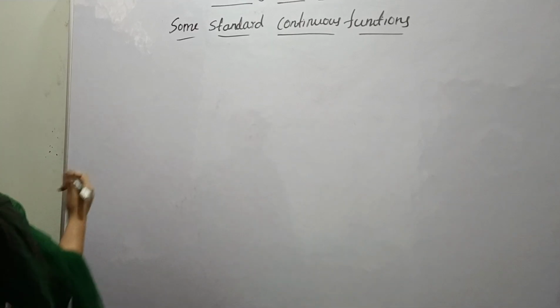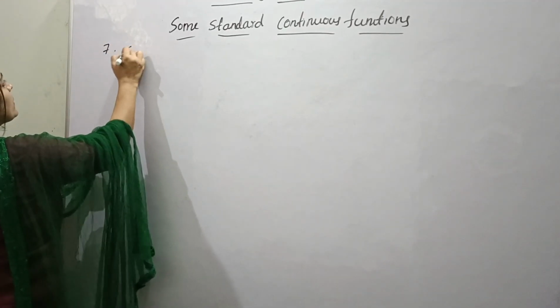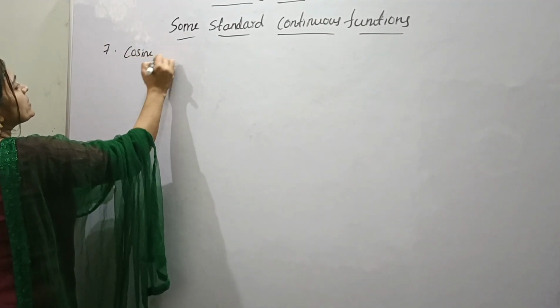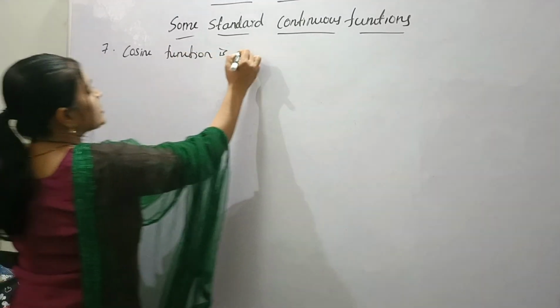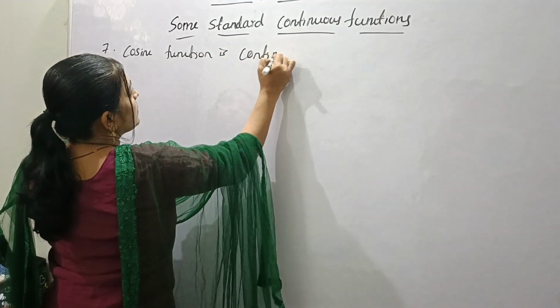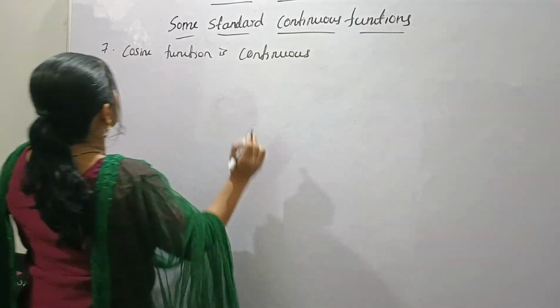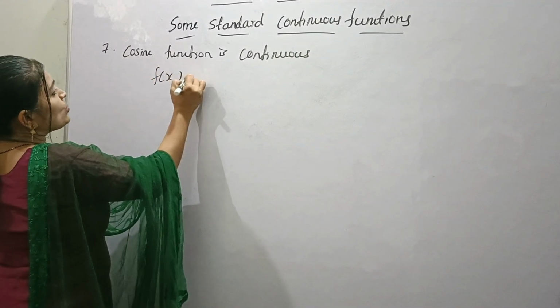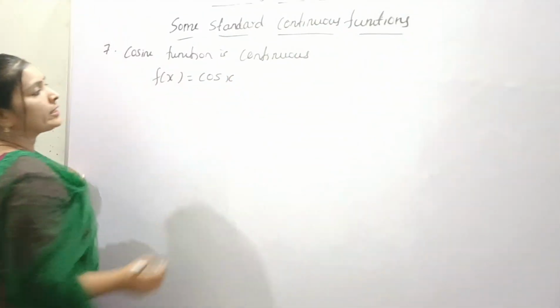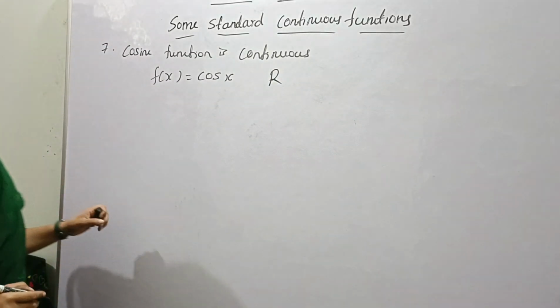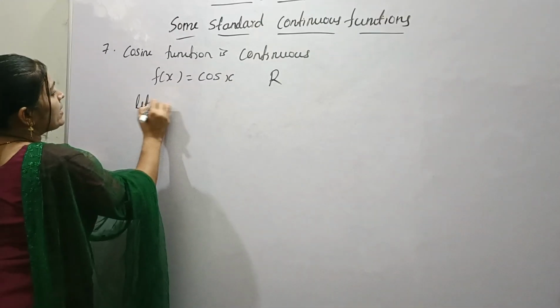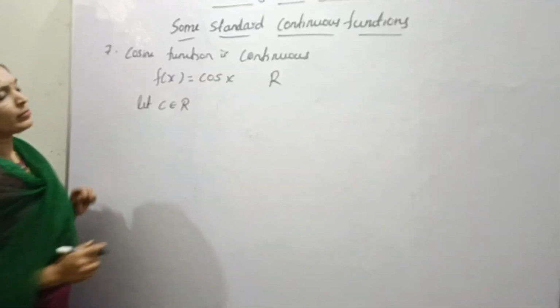Next one is the cosine function is continuous. So here f of x is equal to cos x. Here also the domain of the cosine function is R, the set of real numbers. Let's take c belongs to R, any element from the domain.